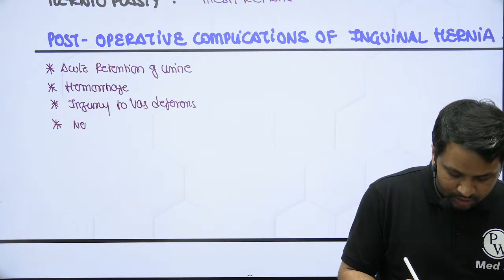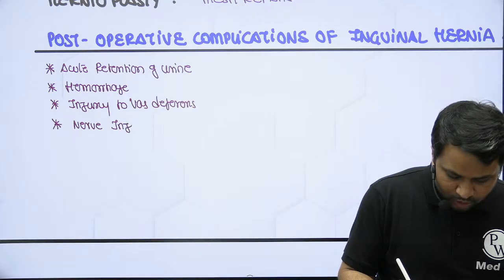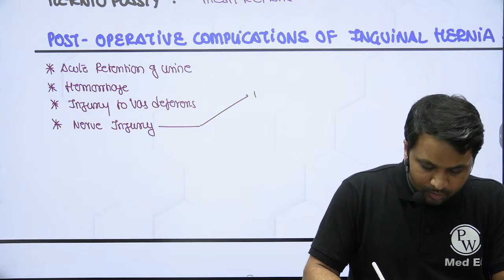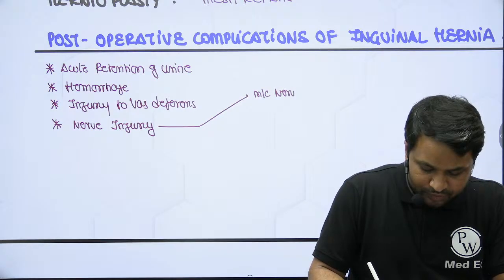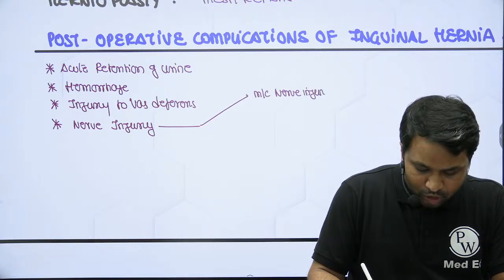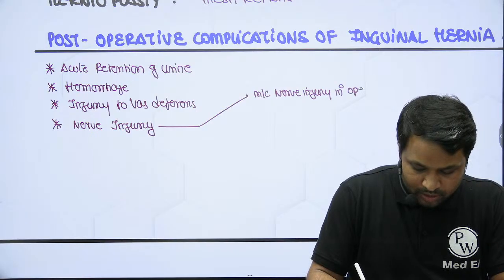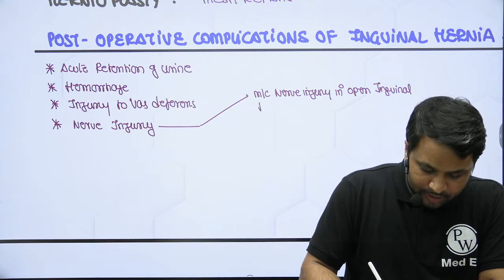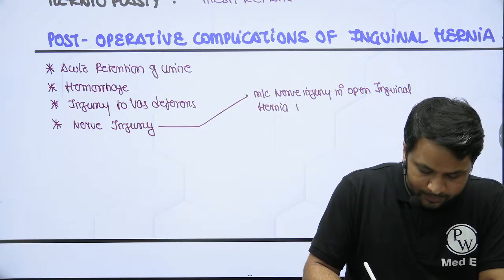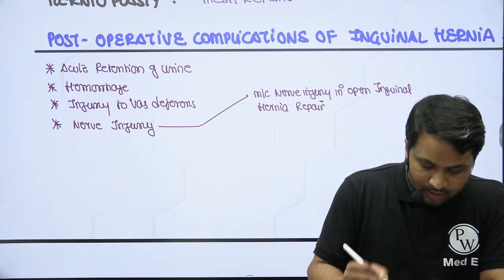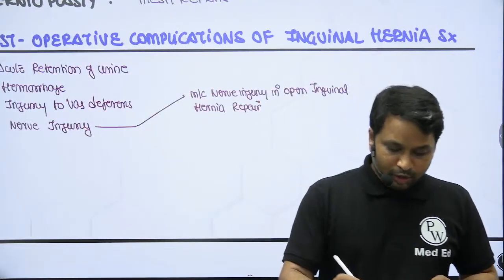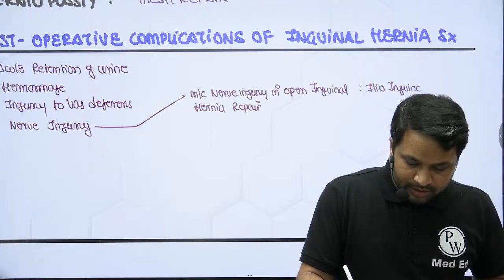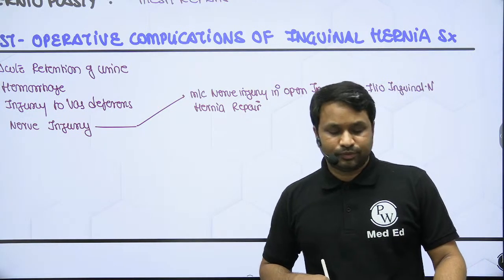nerve injuries are common. Now when you talk about nerve injury, a couple of important things. The most common nerve injury in open inguinal hernia repair is going to be the ilioinguinal nerve, right?